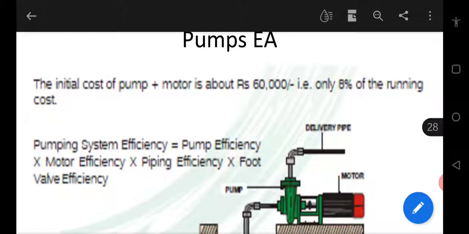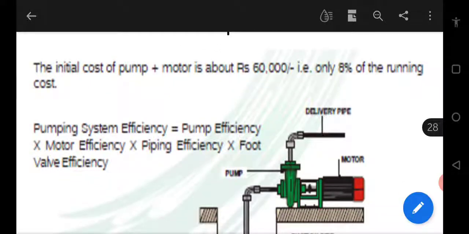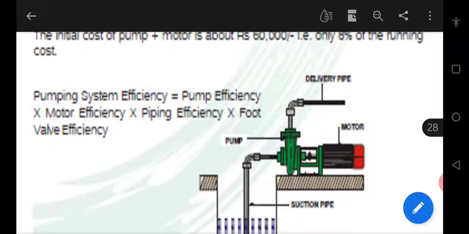Then I think you have a good discussion on pumps also. I'll tell you about the pumps. One thing is that the initial cost of a pump, especially the heavy duty pumps used in industries, which run almost round the clock, is almost 8 to 10%. But the running costs are very high. The running cost is high, and the initial cost is only 8 to 10%. If you are running around 8,760 hours in a year, then you can imagine the amount of energy used.